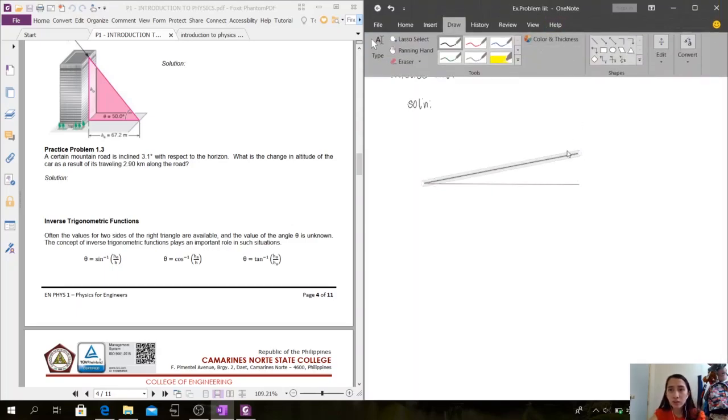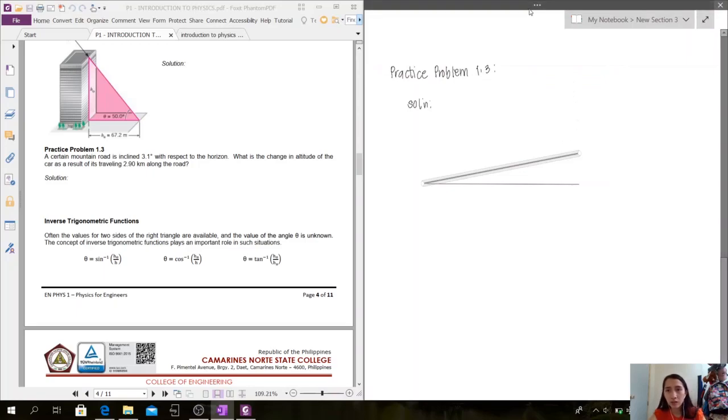And so we have the angle 3.1 degrees here because this is the road and this is the horizon.